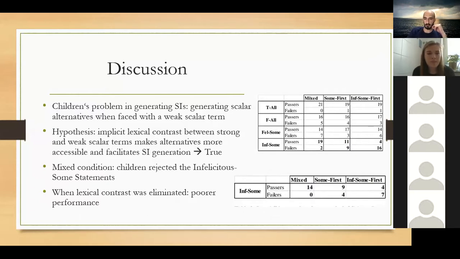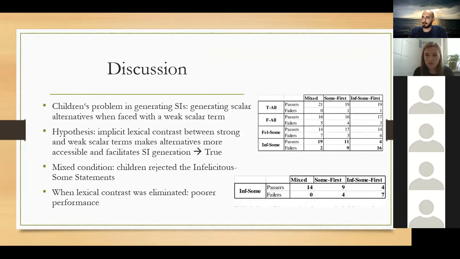So this implicit lexical contrast is given in the mixed condition, and we can see that the results for the infelicitous sum trial in experiments number 1 and 2 were always the best in the mixed condition. So this was the condition where the children rejected the infelicitous sum statement the most.